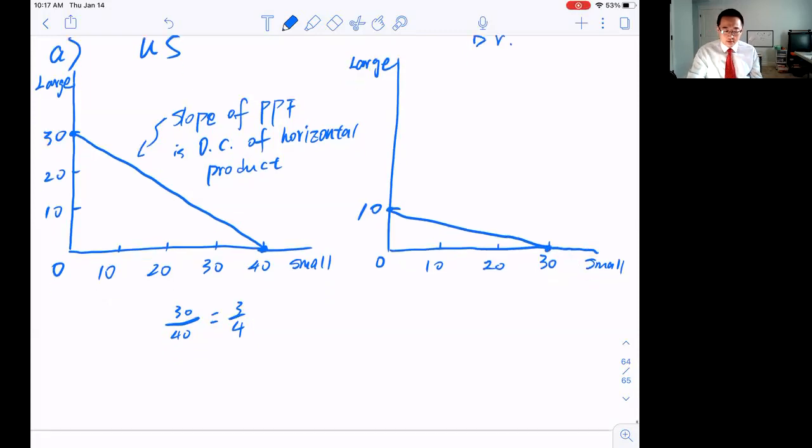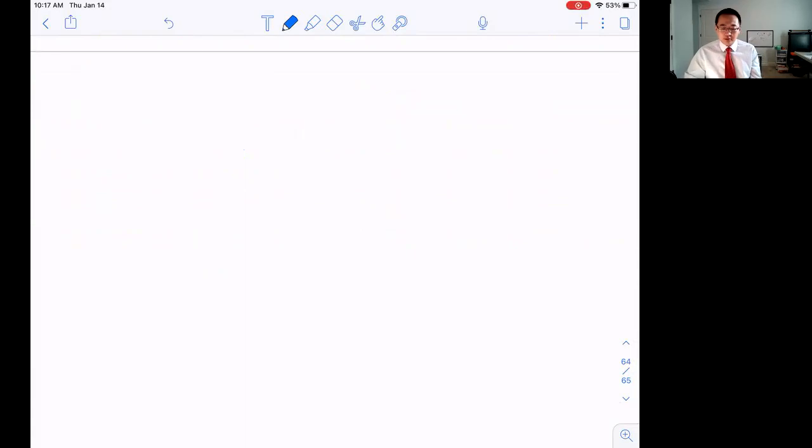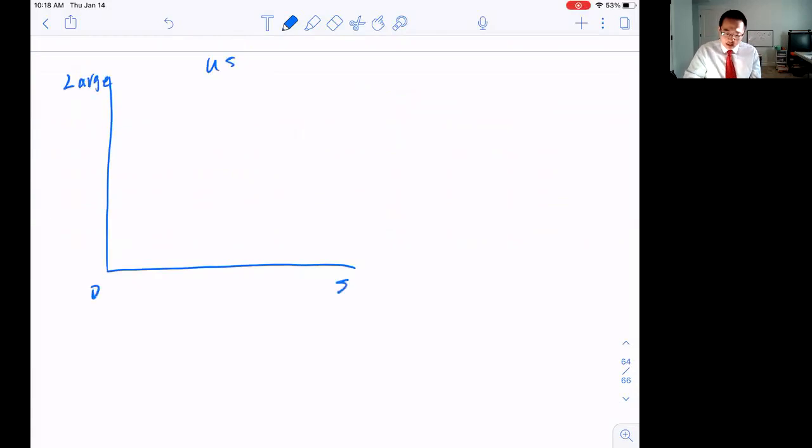Okay, so now let's look at what happens with a curved line. Let's say that we're still looking at the US and everything else is the same except that we don't have the condition of constant opportunity cost.